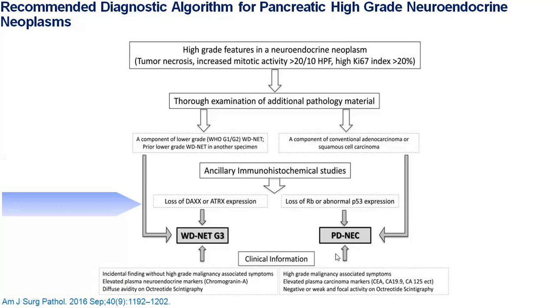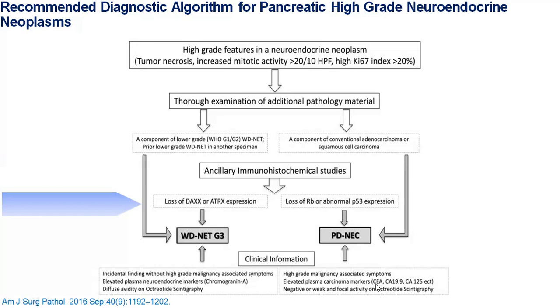While in contrast, the neuroendocrine carcinomas develop rapidly, they grow rapidly, and the patient is commonly not doing well. So there will be high grade malignancy associated symptoms, and there will be elevated plasma carcinoma markers, which makes sense here because they transform from their conventional carcinomas such as adenocarcinoma or the squamous cell carcinoma.